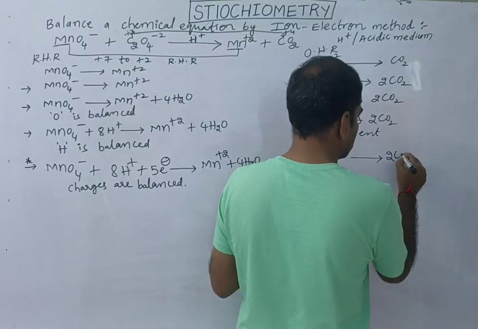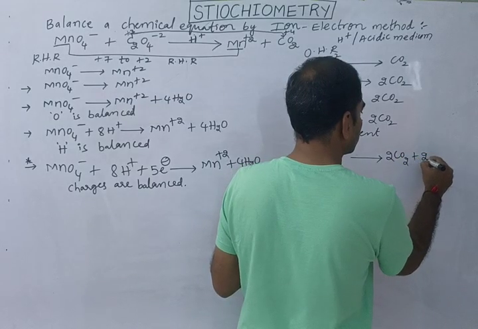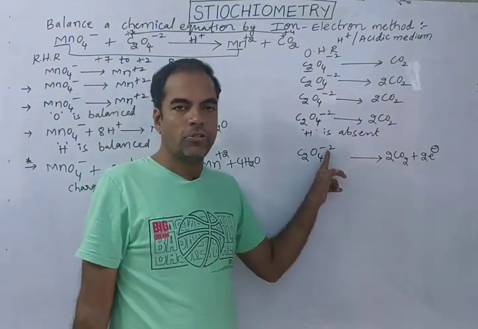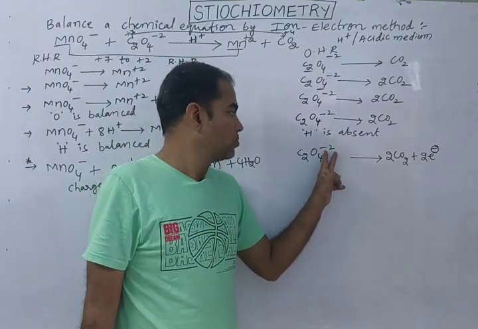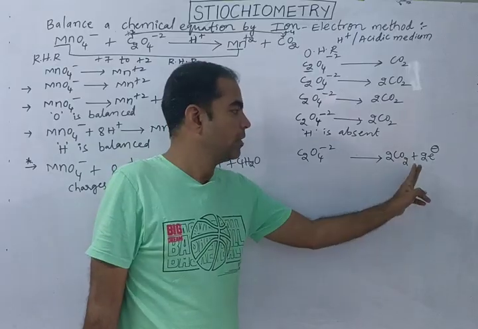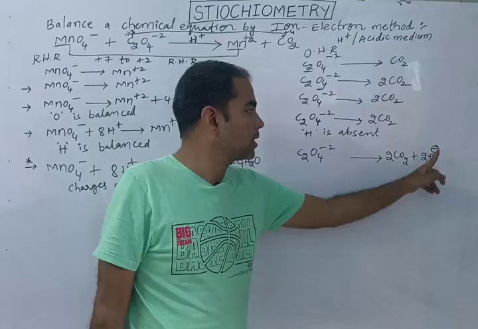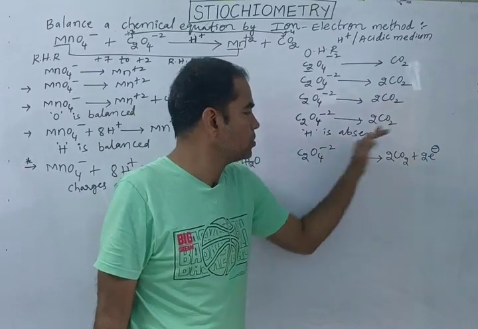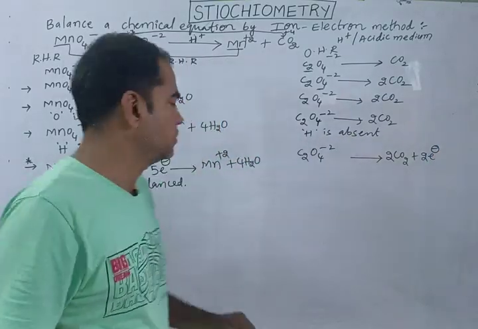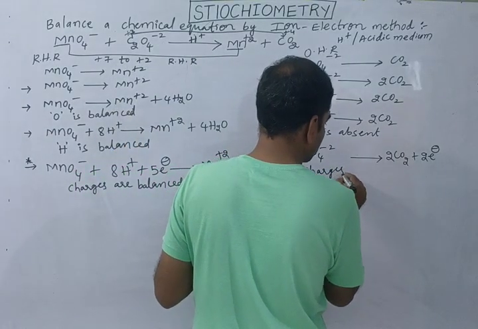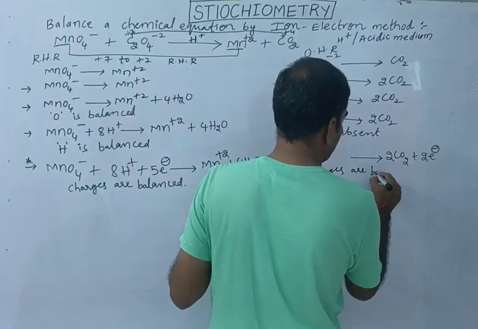Why? 2 electrons mean 2 negative charges. There are 2 negative charges on the left side, whereas we should add 2 electrons. Electrons contain negative charge. 2 negative charge, 2 negative. Charges are balanced. Is it clear?